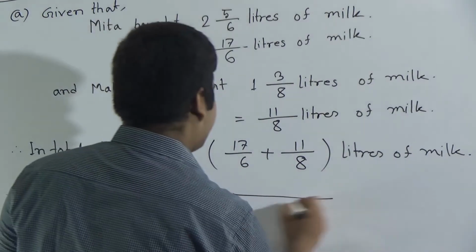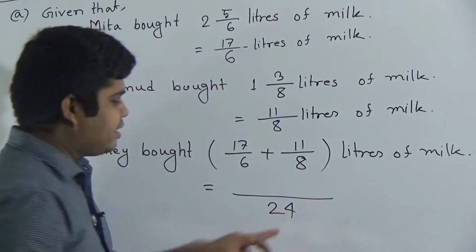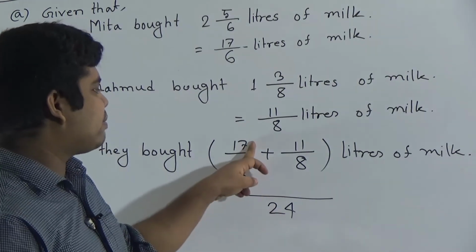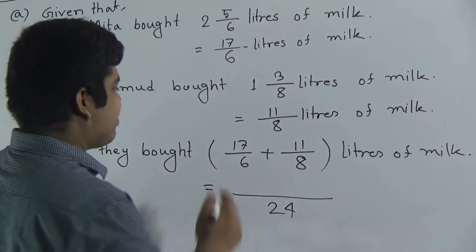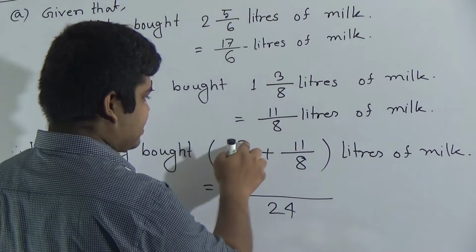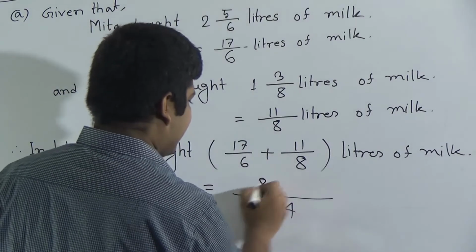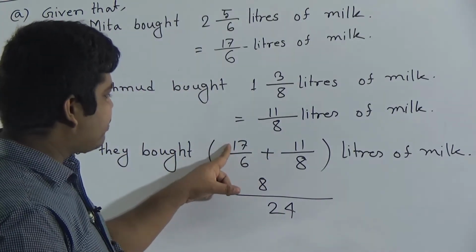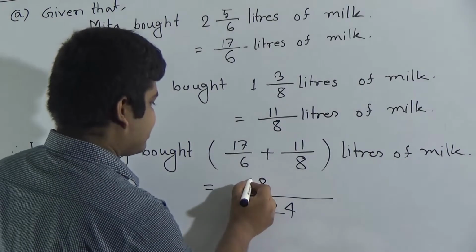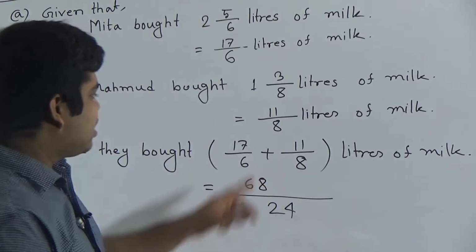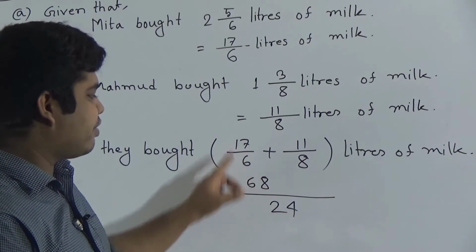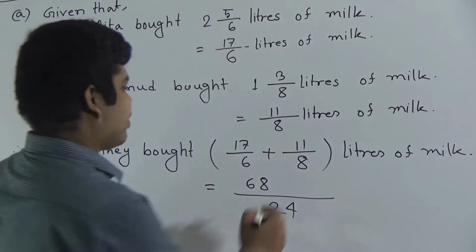So write 24. Now we divide this 24 by 6 and we get 4. 4 is multiplied with this 17. If we multiply 17 with 4, 7 fours are 28, carrying 2, 4 ones are 4 and 2 is 6, so 68.